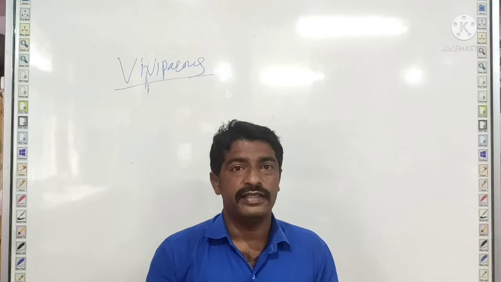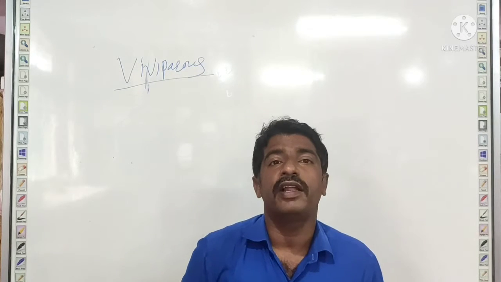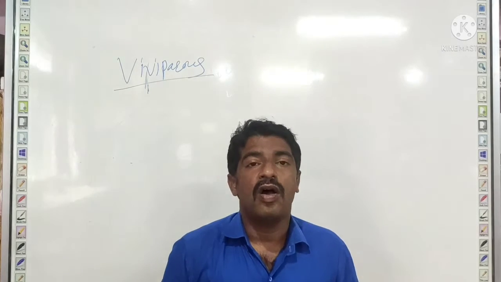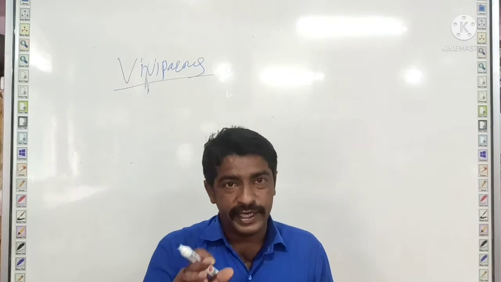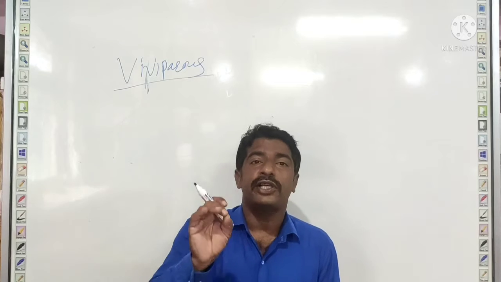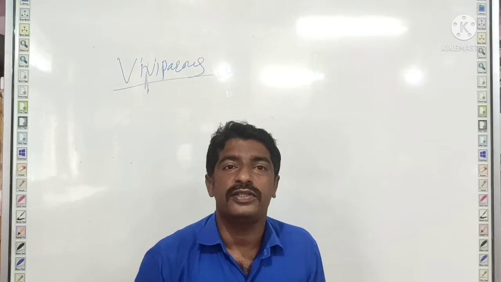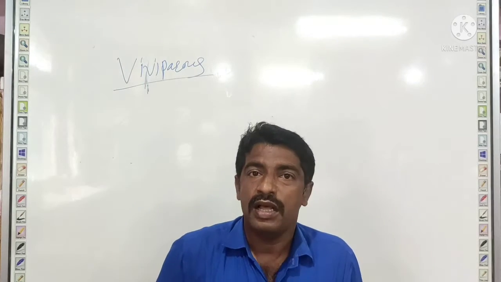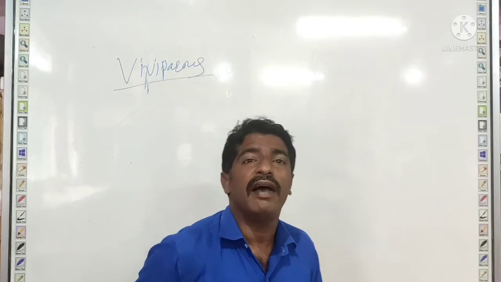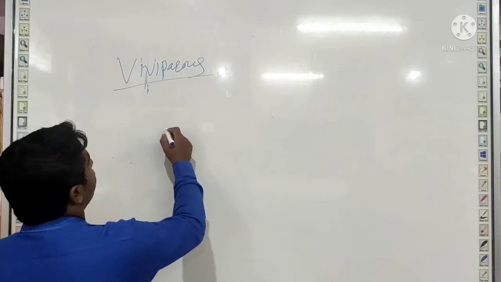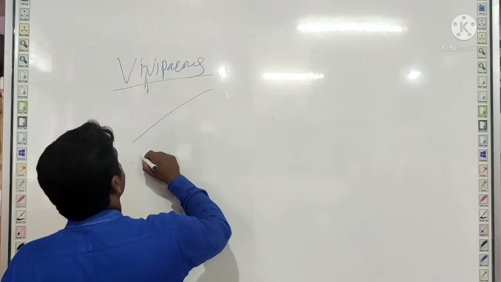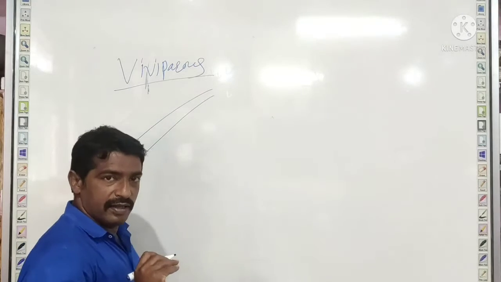So for that reason, these plants have developed a unique technique of seed germination, and in these plants the seed germinates within the fruit when the fruit is still attached to the mother plant. We will see how. Suppose this is a twig. This is the twig of a mangrove plant.